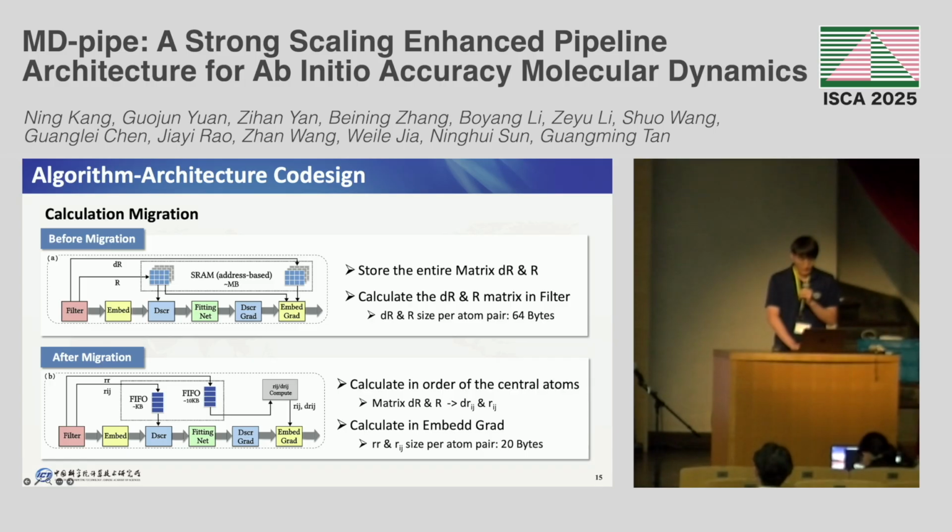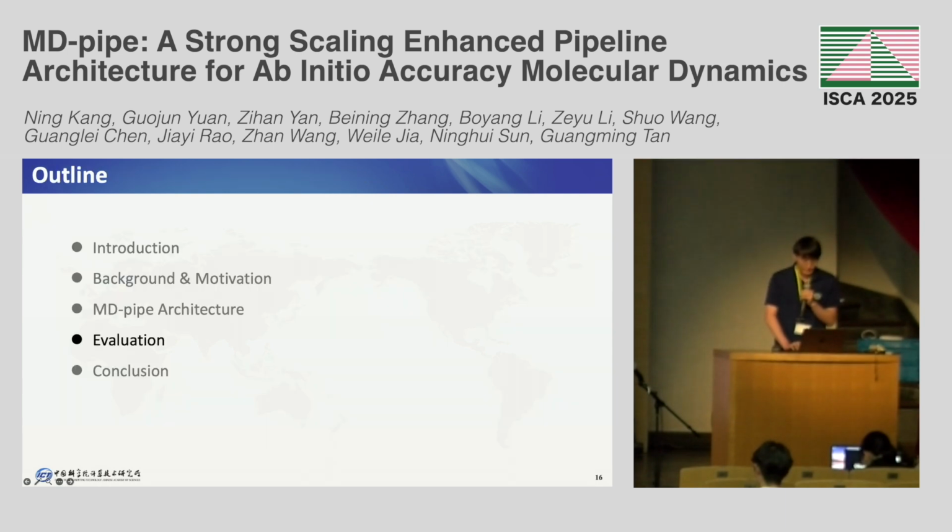First, we structure the computational workflow to follow the order of center atoms. Then we migrate the calculation of R and DR to the embedding gradient phase. Because of these improvements, we successfully reduced the on-chip SRAM storage requirement to just 20 bytes per atom pair.